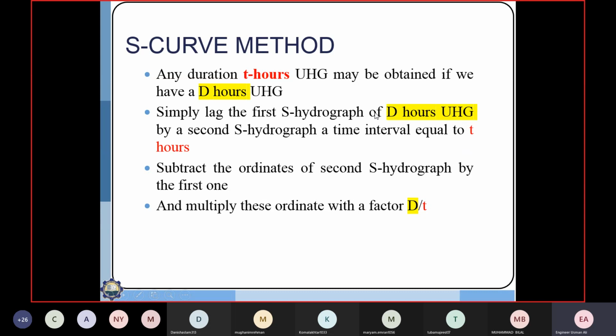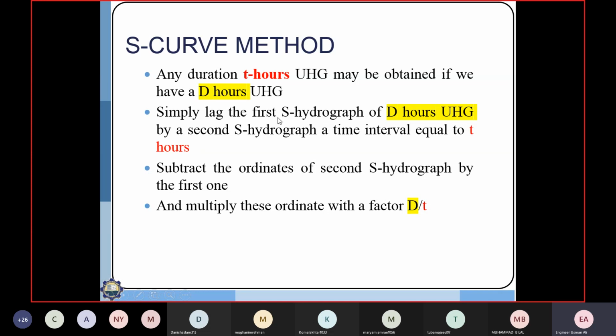For example, you have to convert a 4 hour unit hydrograph to 2 hour, so you will first make the 4 hour S curve from this 4 hour unit hydrograph by any method, offset method or S curve addition method. Then you will take the offset of the S hydrograph by taking the lag of 2 hours from this one. So it means you will have two S curves, S hydrographs.